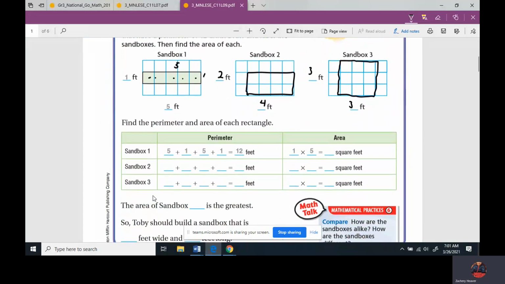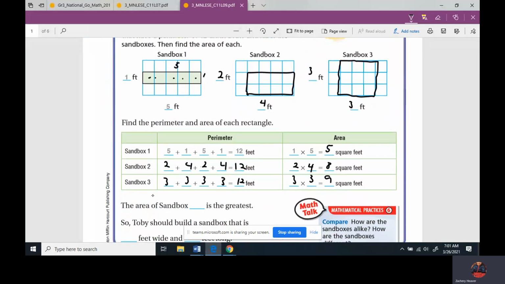So the second one is 2 plus 4 plus 2 plus 4, which makes 12. And the last one is 3 plus 3 plus 3 plus 3, which equals 12. Now, the area, 2 times 4, which equals 8. 3 times 3, which equals 9.